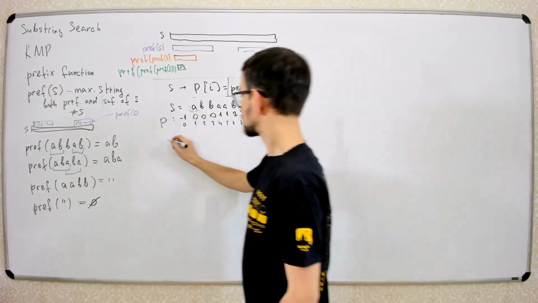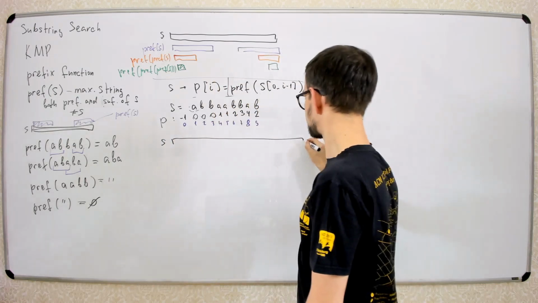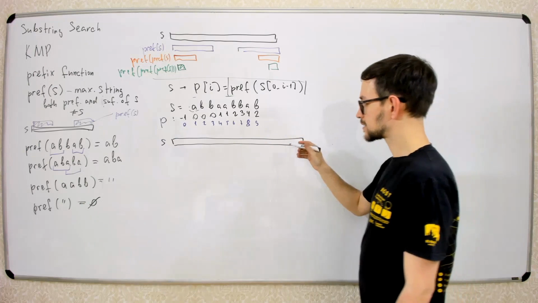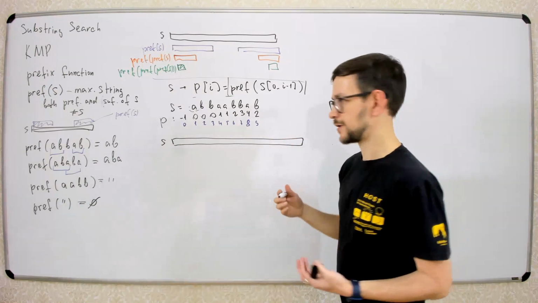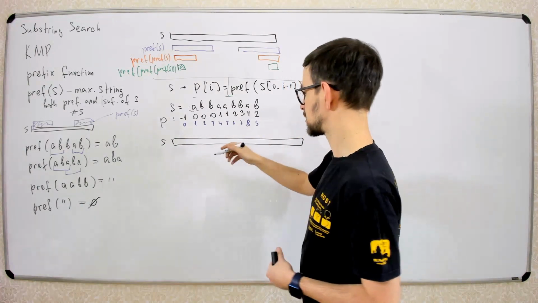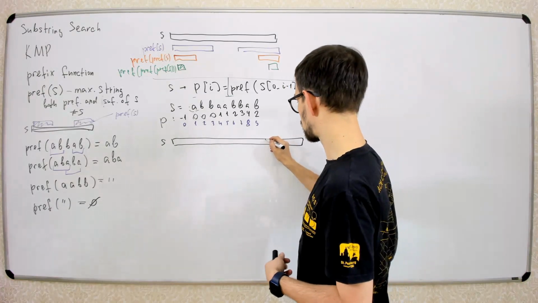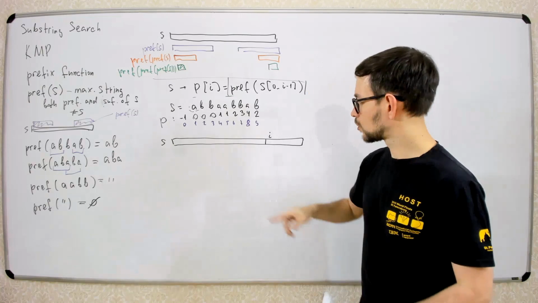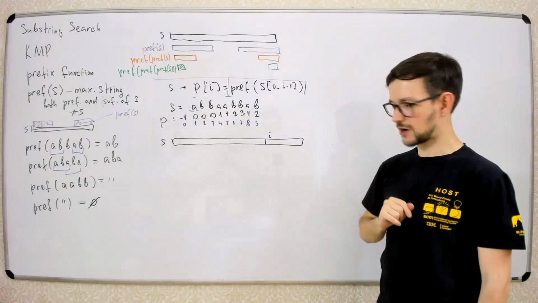Well, let's say again, we have this string S, and we want to calculate the value of Pi. So the value of Pi is the prefix function of the string of the first I characters. This is I. So I want to calculate the prefix function for this prefix.